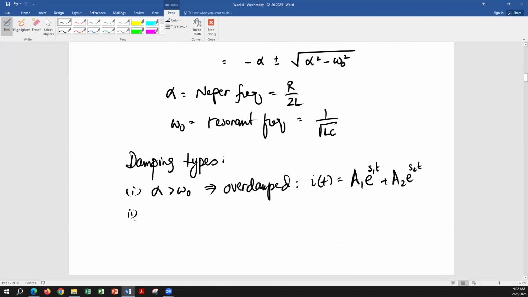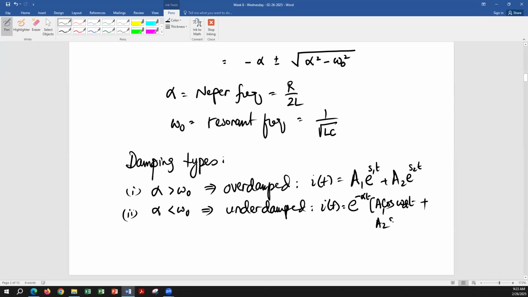The second type, of course, is the underdamped circuit. Alpha is less than omega naught. i(t) will be equal to e to the power negative alpha t times (A1 cosine omega d t plus A2 sine omega d t).